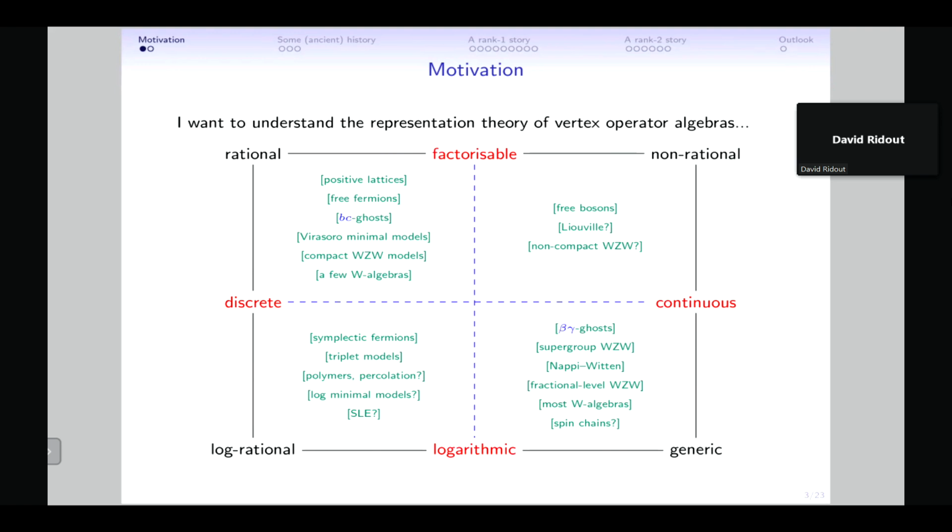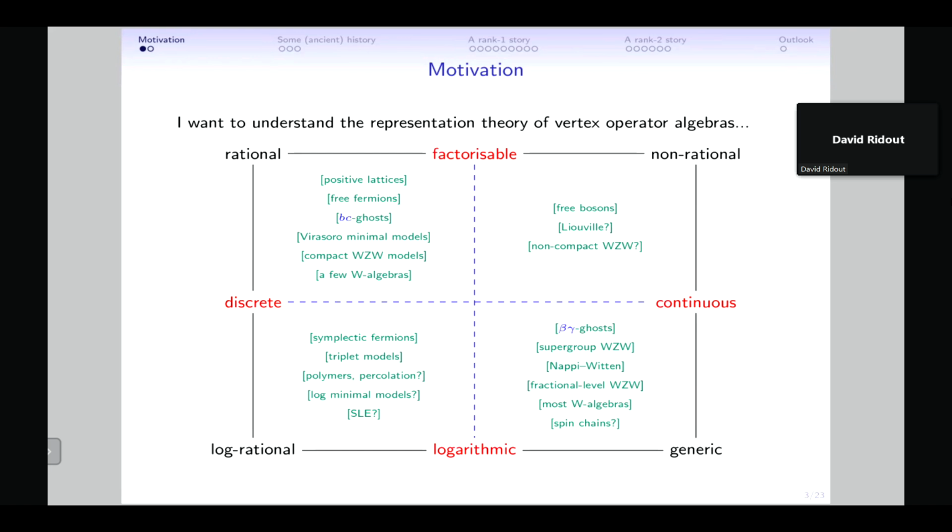And then there are sort of non-rational versions, which I've got here in the top right corner. There we've got things like the free boson. So that's not a particularly difficult VOA to understand. And then there's sort of other things which may be non-rational, but maybe not. We're not entirely sure. Things like Liouville and Wess-Zumino-Witten models relating to non-compact target spaces, all sorts of possibilities there.